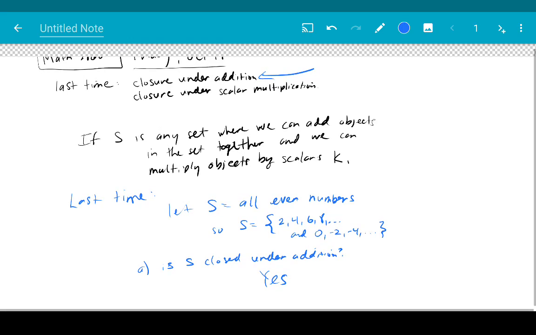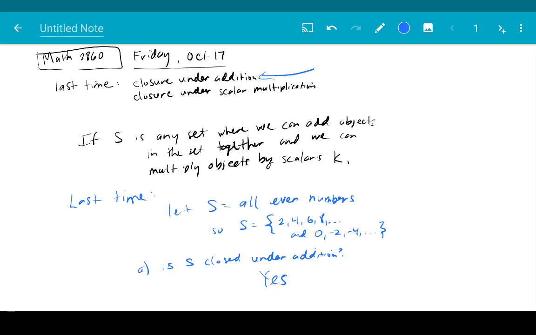To be closed under addition, it means that if we add any two things in the set, I'm saying things because they might be different types of objects. Sometimes they'll be vectors, sometimes they'll be matrices. They could even be functions, like polynomials. If we add two things in the set, the result has to always be in that same set.